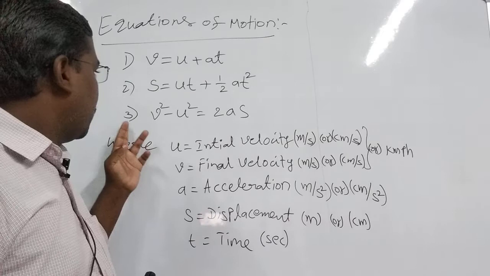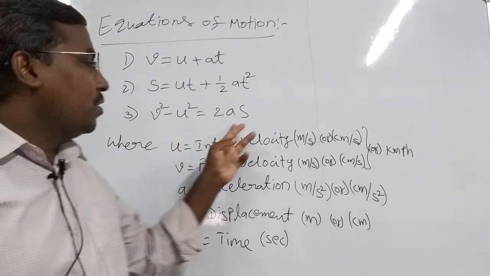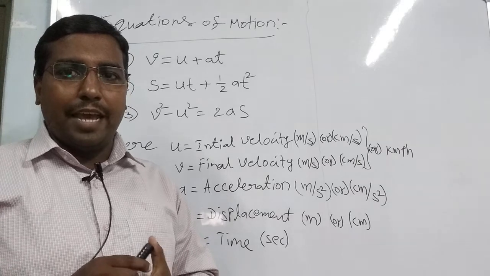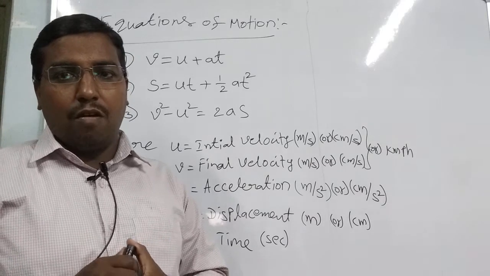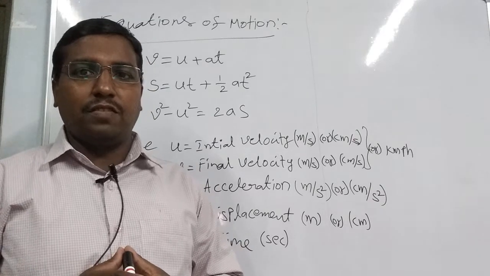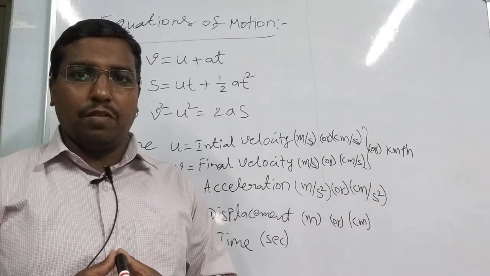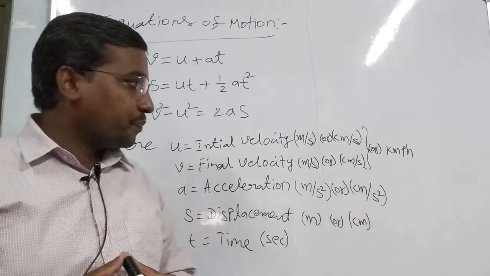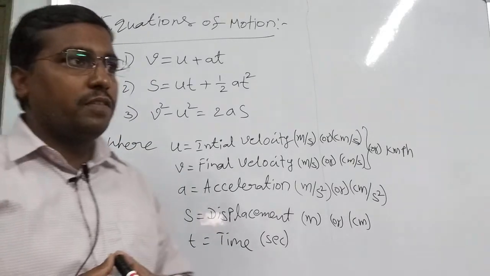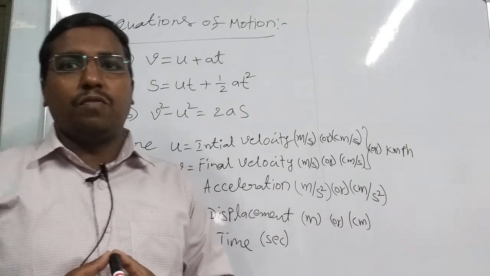The third one, v square minus u square equal to 2as, is very useful when the body is accelerating or decelerating, or in situations where the velocities change. So these are the three equations of motion. Next we discuss their proofs.